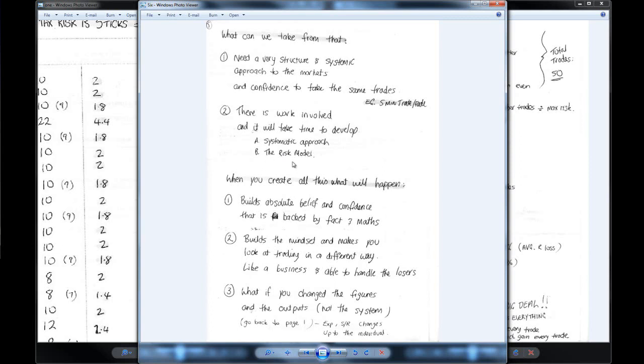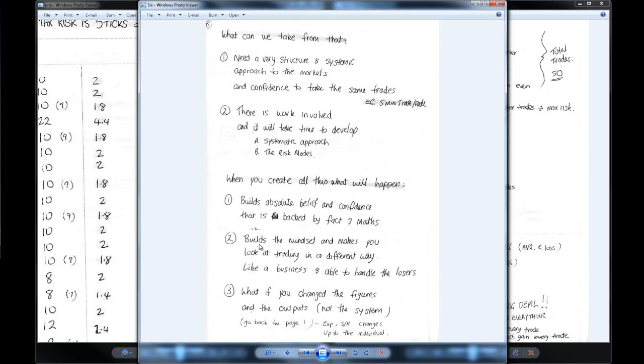But it wasn't until I really started creating risk models and understanding it from a pure math perspective, and even reducing risk as I get bigger and bigger, that I now have a lot of confidence and look forward to getting bigger, because I know I can withstand that pressure because I'm building a solid foundation. So absolutely, this builds belief and confidence. And it wasn't until I looked into risk models and understood the bigger picture and what the professionals do that I could really extend on that confidence.